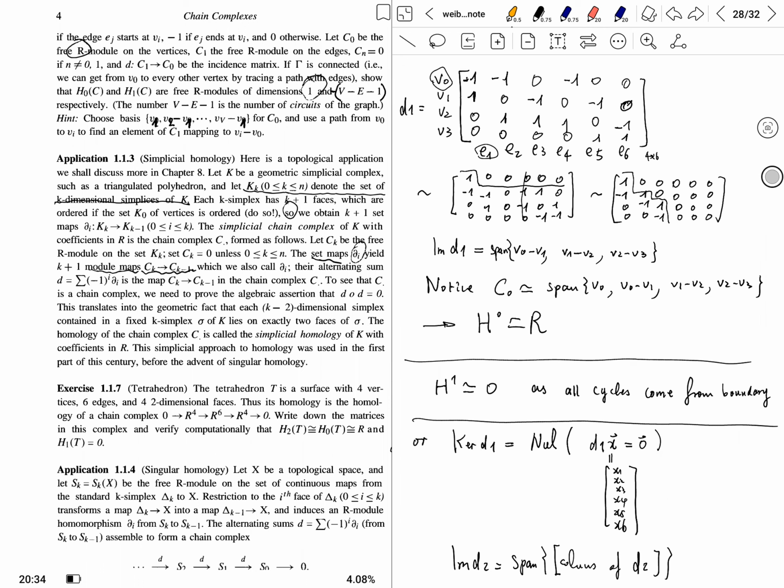You will see that the rank of D1 is 3, and so this tells you that H0 is a one-dimensional R-vector space. I'm talking about R being a field. And you can do the same for H1 and H2, because given a matrix, you know the rank and you know the dimension of the kernel, because the rank plus the dimension of the kernel equals the dimension of the vector space your matrix acts over, right?